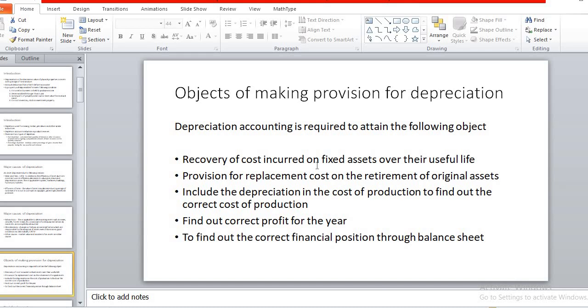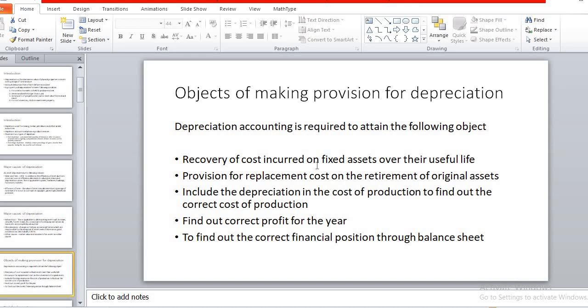Suppose that property has a value of 100 rupees at the beginning, and after 10 years it has a value of 0. Over the 10 years we can make some provision to recover that 100 rupees.